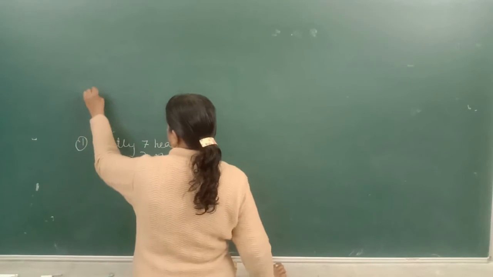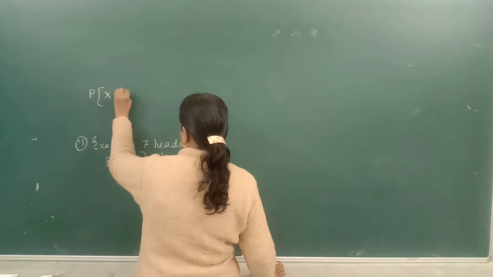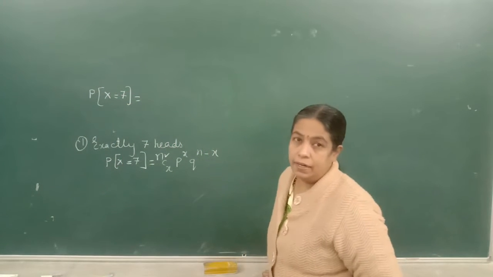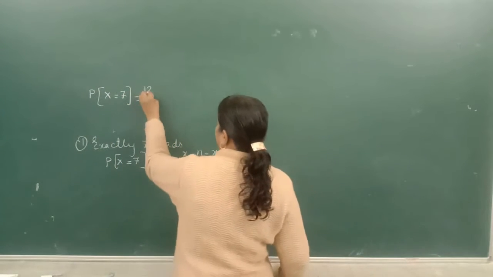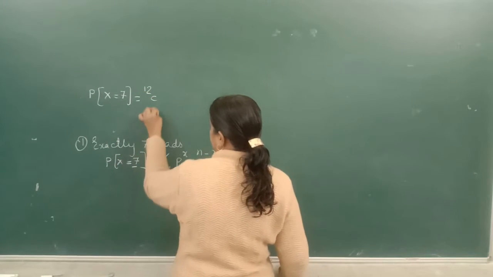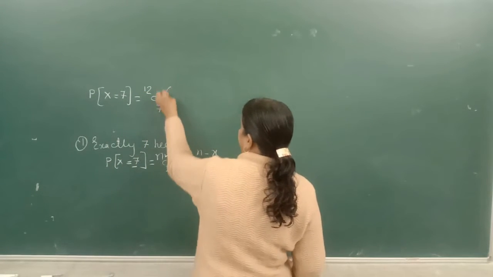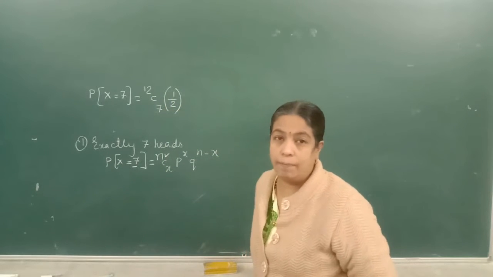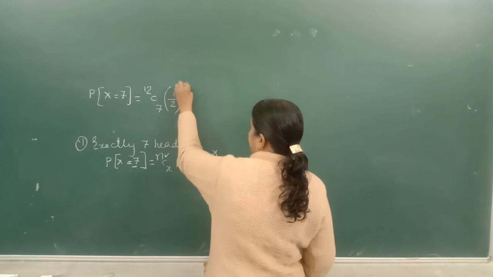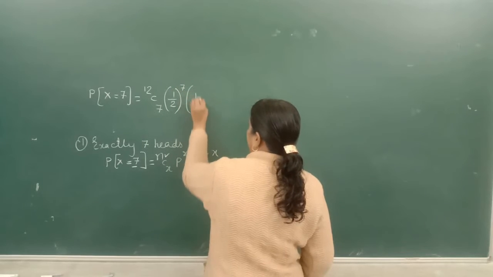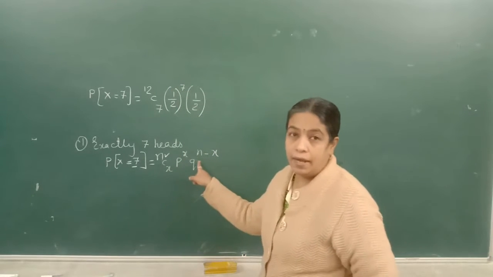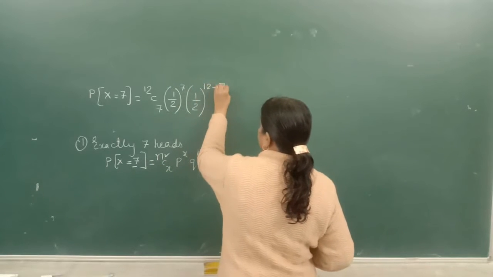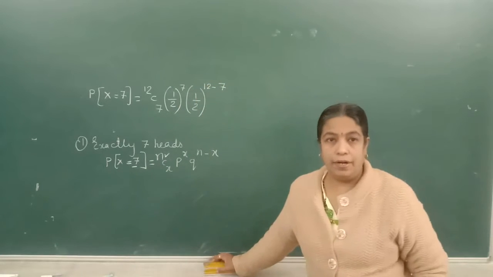P of x equal to 7 is equal to, how many trials are there? 12. From that we are taking how many? 7. We have got the probability of getting a head as 1 by 2, to the power x, which means 7. So 1 by 2 to the power 7, and 1 by 2 to the power n minus x. What is the total n? 12 minus 7. Got it?